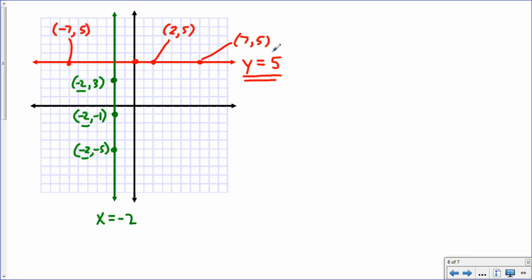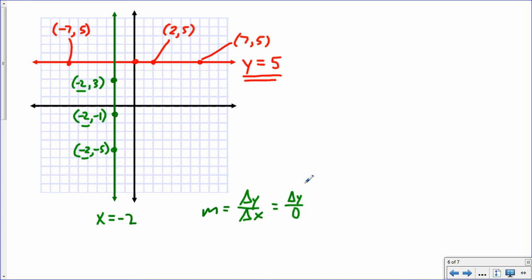The slope of this green line, the slope of any line, is the change in y, or the rise, divided by the change in x, the run. As we move up and down, well, x isn't changing. So if x isn't changing, the change in x is 0. Y is changing, so there is change in y.